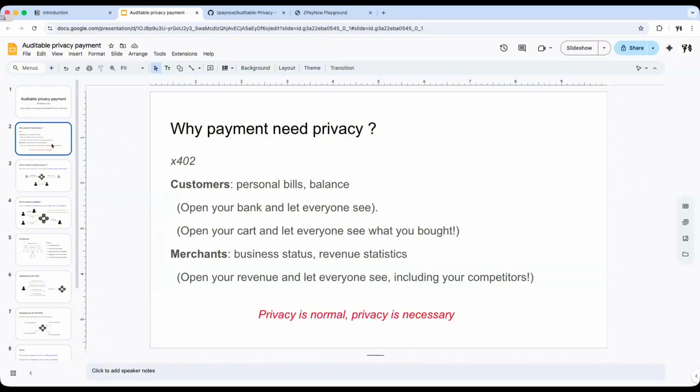For example, as consumers, we don't want to share our bills and balance. And as merchants, we don't want to share our business status with others. So in the real world, privacy is normal and necessary. So we designed the auditable privacy payment.